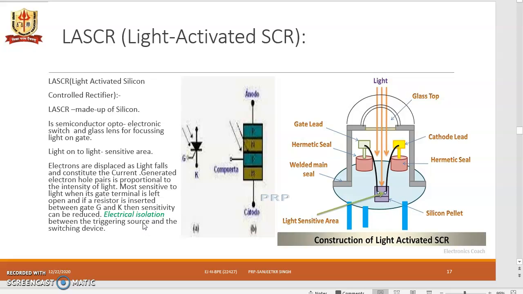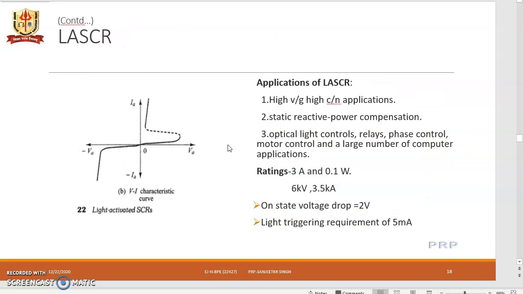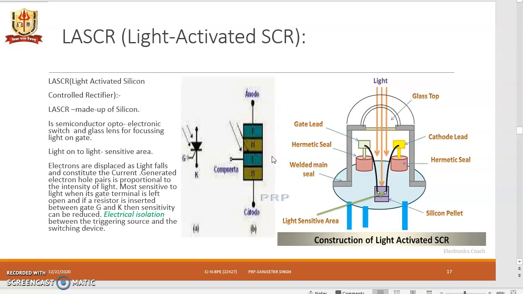It provides electrical isolation between the triggering source, the gate cathode circuit, and the switching device. This particular electrical isolation is very beneficial in many applications. Construction wise, we saw that it is very similar to the SCR, a 4-layered structure. Here is the construction diagram.